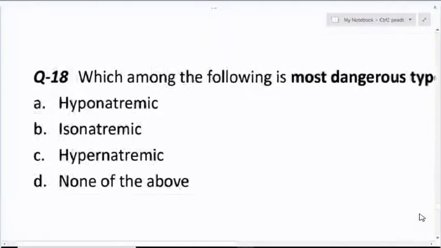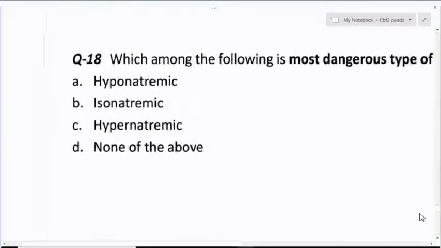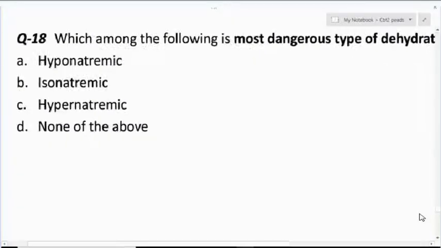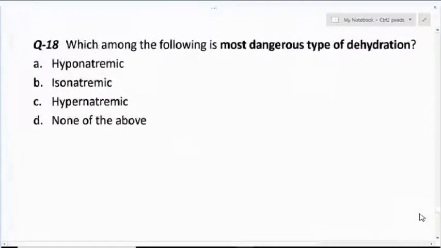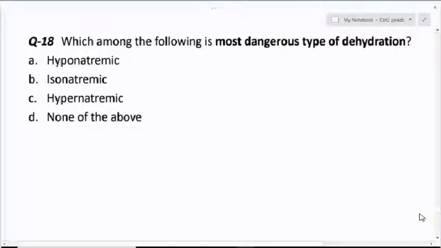Which dehydration is most dangerous, which we very commonly see in our hospitals? First of all, I would like to tell you who becomes hypernatremic: those who do not have free access to water. Infants cannot drink water without their mother's permission, so they are dependent on their mother. Similarly, old men are also at risk of hypernatremia.